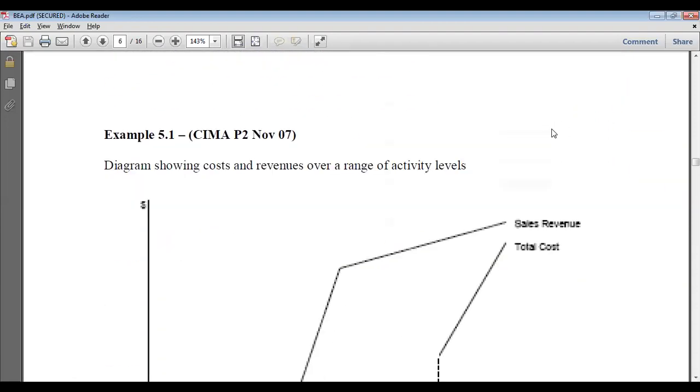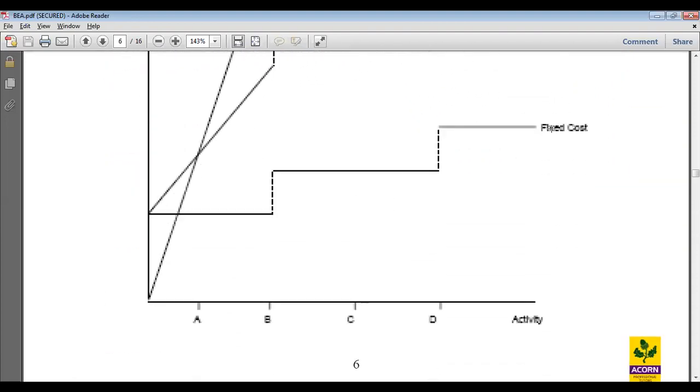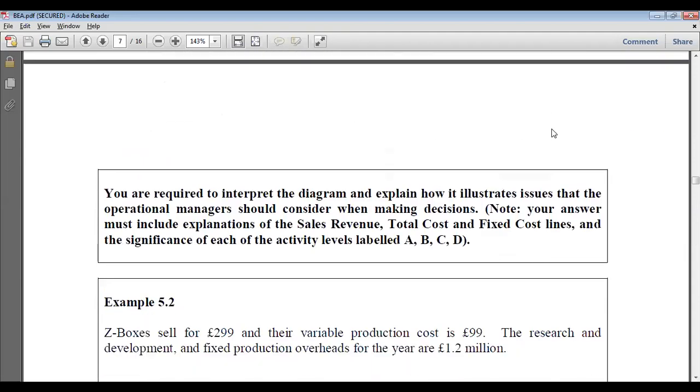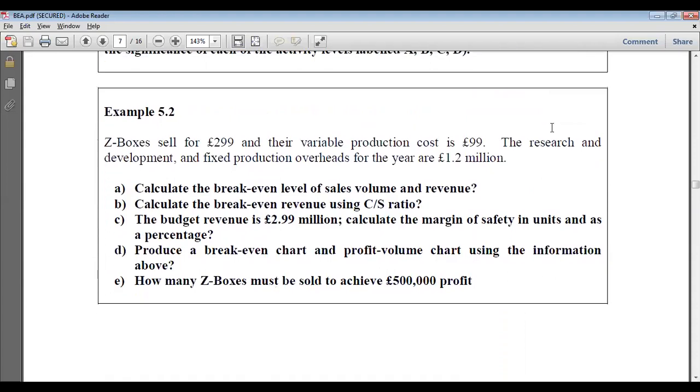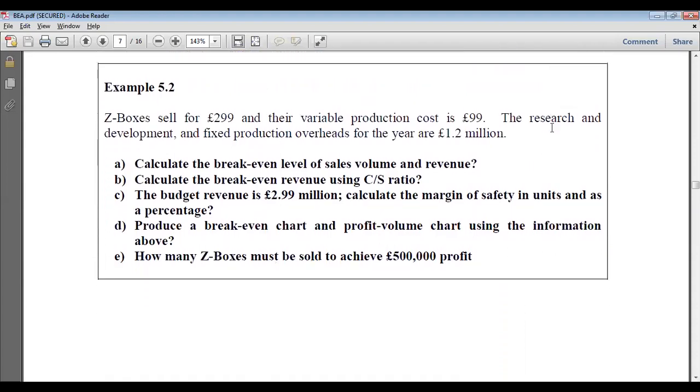So this is another chart. Now we can calculate this with an example. We have Z boxes that sell for £299 and their variable production cost is £99. The research and development and fixed production overheads for the year are £1.2 billion. Calculate the break-even level of sales volume and revenue.